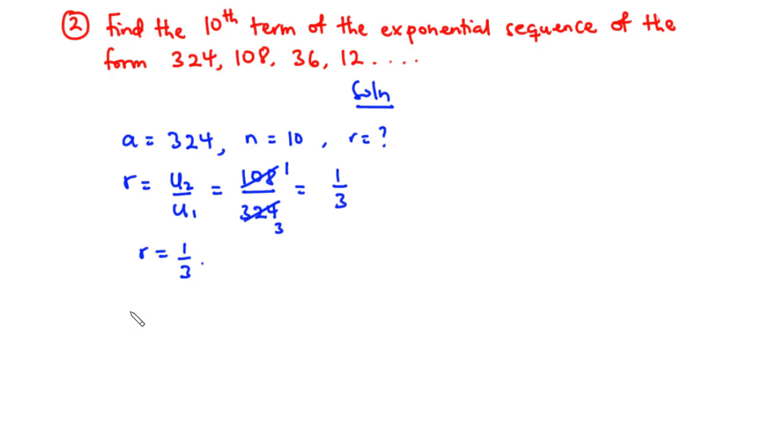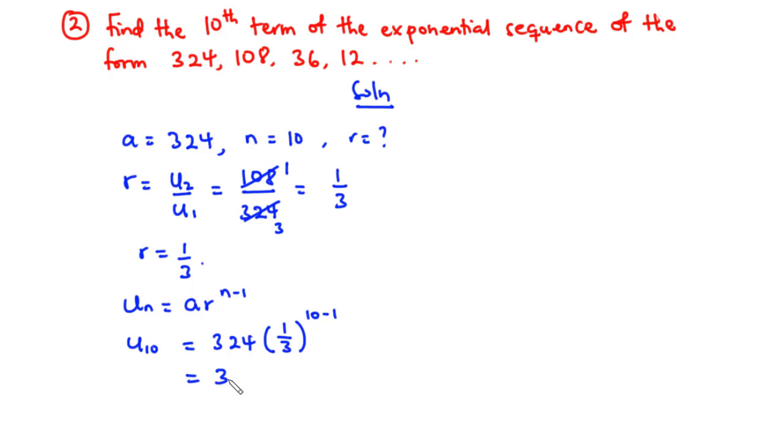Now the general term, or the nth term of an exponential sequence, is given by un equals a times r exponent n minus 1. Now let's substitute the values of a, n, and r into this expression. So we have u10 equals a is 324 times r is 1 over 3, with exponent 10 minus 1.